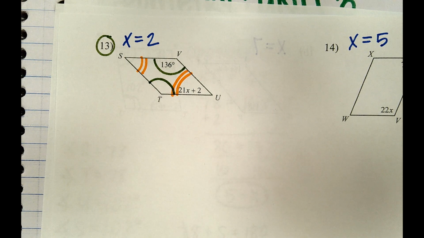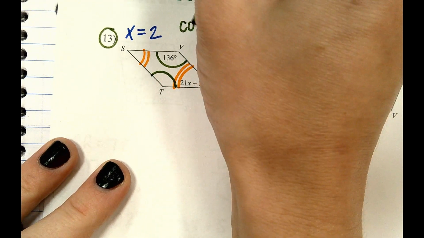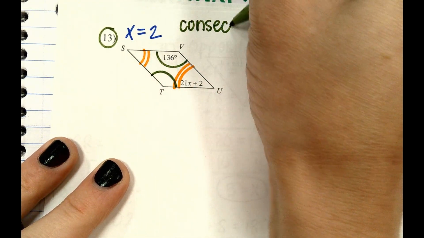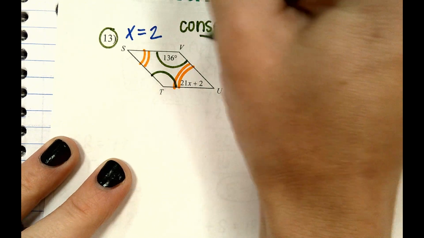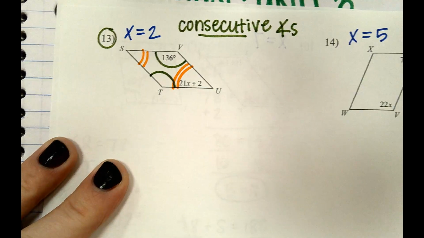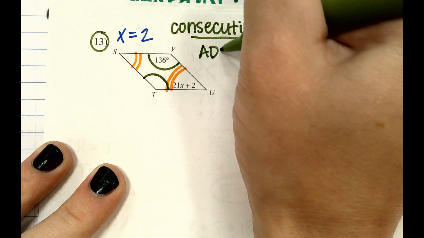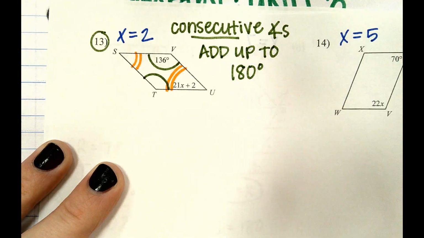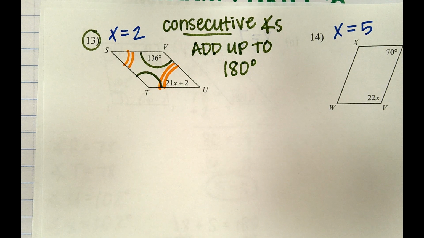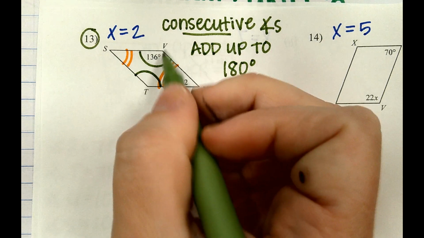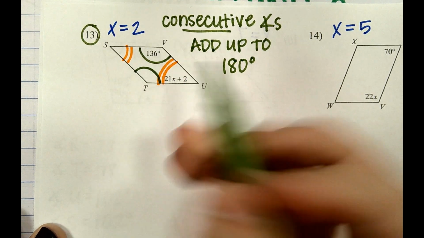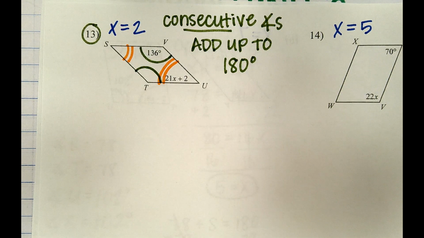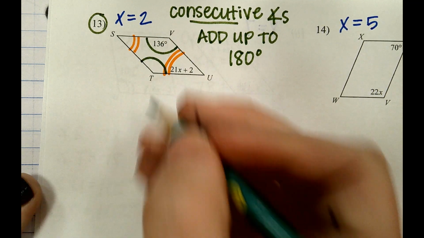So a note to write here would be consecutive angles add up to 180 degrees. Consecutive meaning right next to each other. And I could say, because these are consecutive angles, V plus U equals 180.